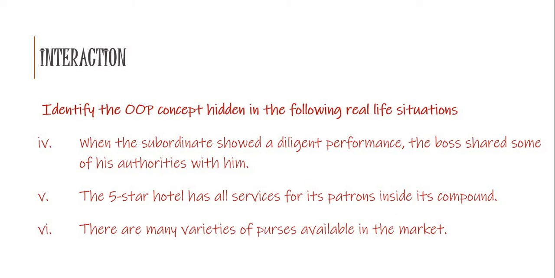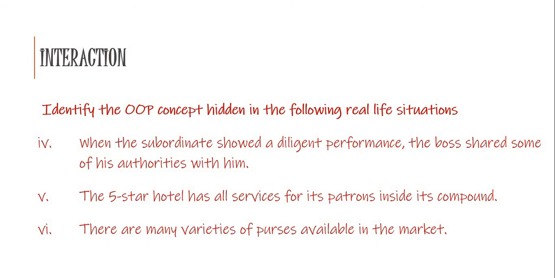And the next one: when the subordinate showed a diligent performance, diligent means very impressive, very short time, big work done kind of, the boss shared some of his authorities with him. That means the boss, okay, your time to think. Pause the video. Right.